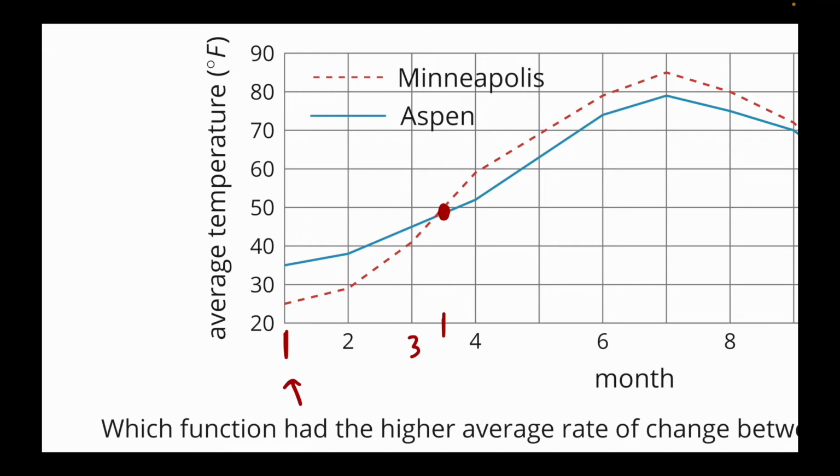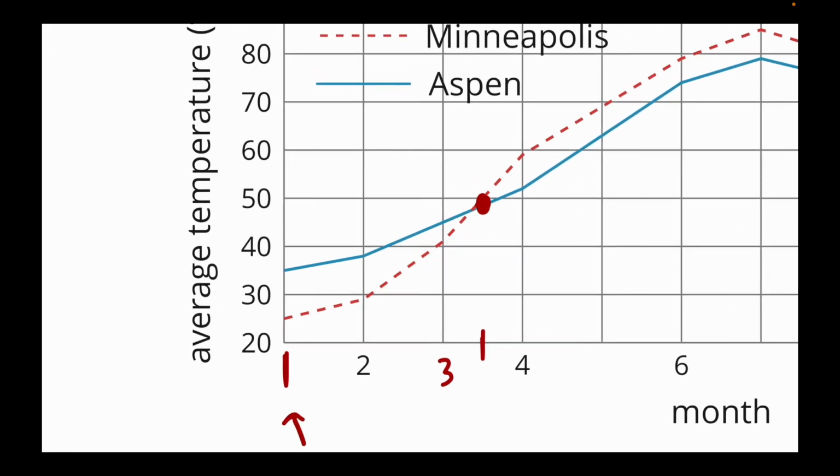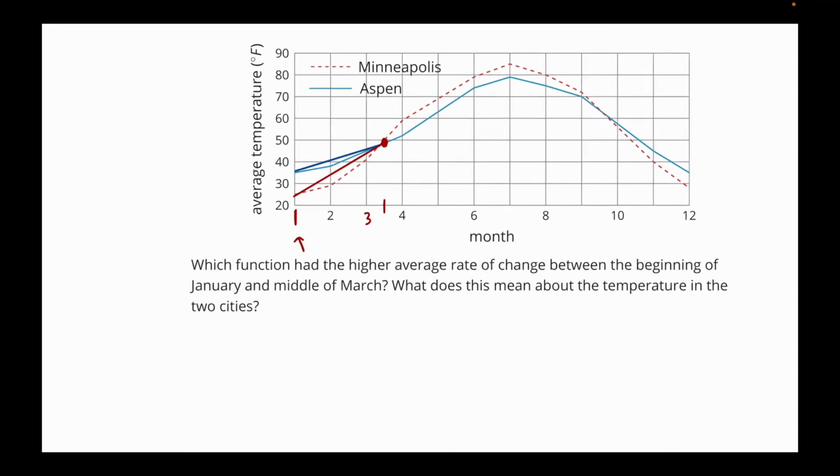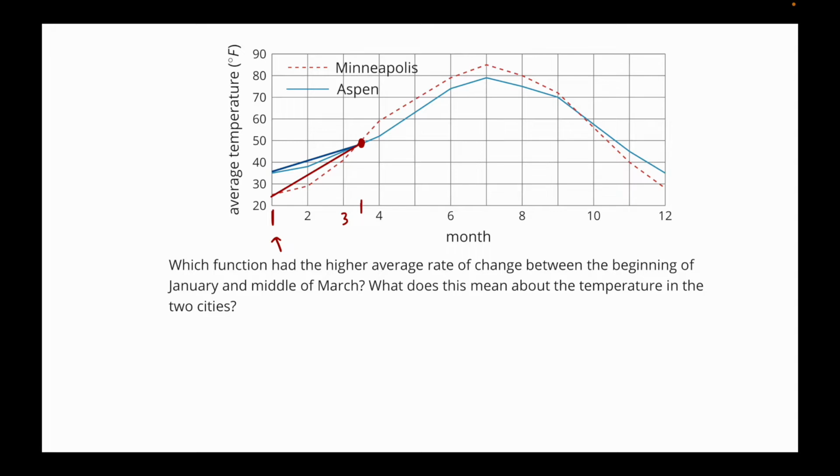So we want to know who has the higher average rate of change. Well, if they end at around the same point, we're going to be comparing this blue graph doesn't have as high of a distance to go from its start to its finish, but our red graph does have a higher amount to go. So that means that our red graph, or Minneapolis, is going to have the higher rate of change.